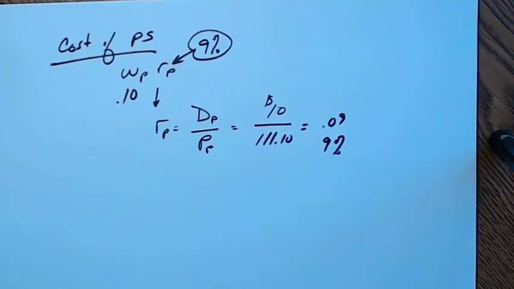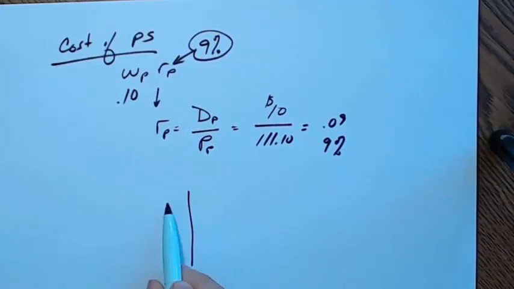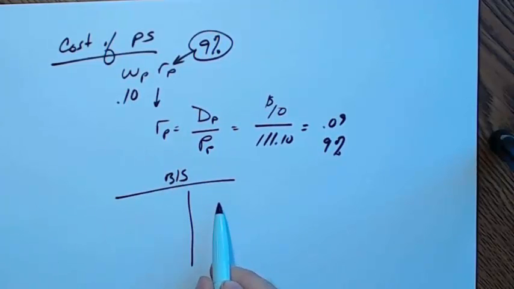Okay. So now let's reflect a little bit on what we just did here. Is preferred stock more or less risky to investors than debt? The reason I'm asking is that we have to be careful, because we're looking at the balance sheet of the company, where we have assets, debt, preferred stock, and equity.